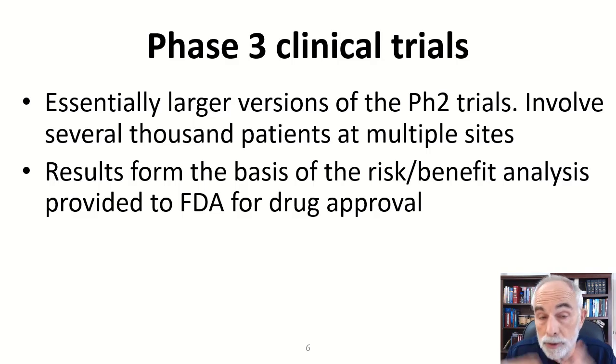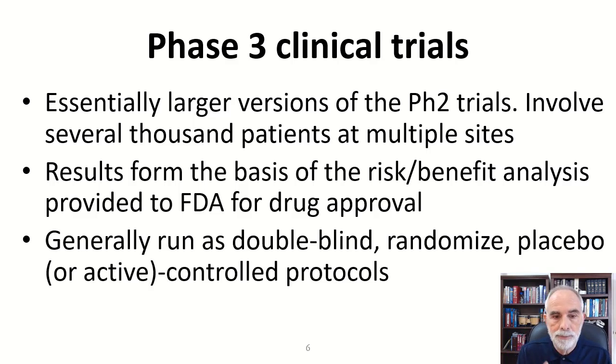In principle, if you could just do phase 3 trials, you wouldn't need to do anything else. Everything else is just leading up to the carrying out of the phase 3 studies. These are what are called pivotal studies, by which the decision is made by the FDA in order whether or not to approve the drug. And typically these are, again, randomized, placebo-controlled.